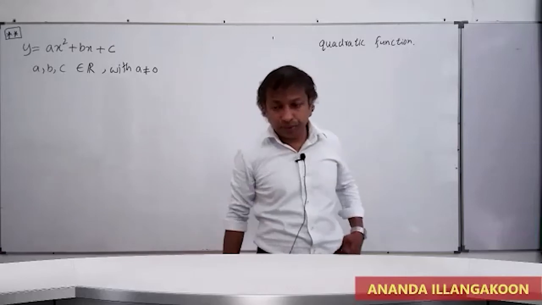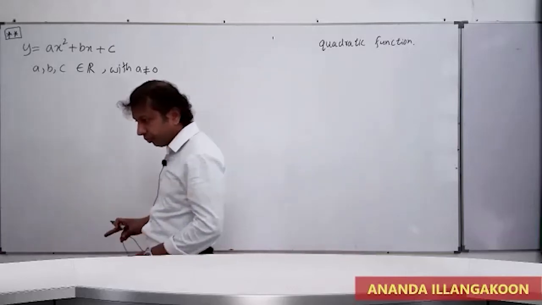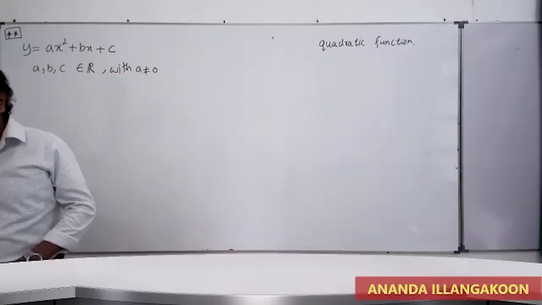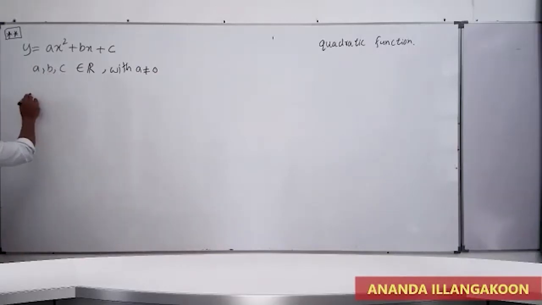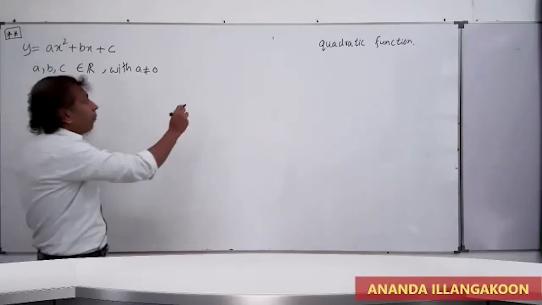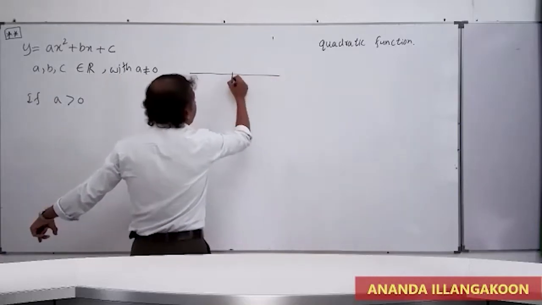Start from a new line, people. If a greater than 0, what is meant by this, people? On the number line, 0 is here.